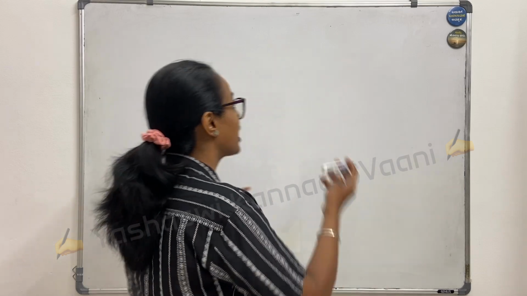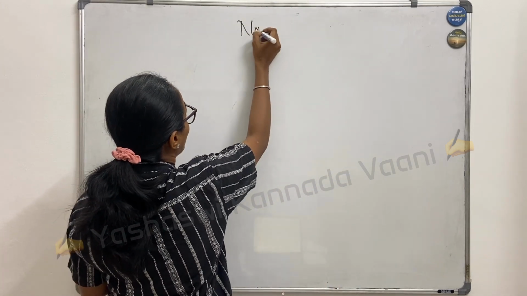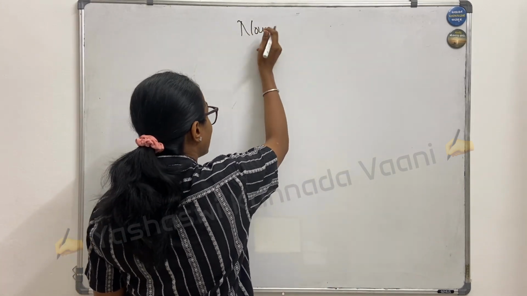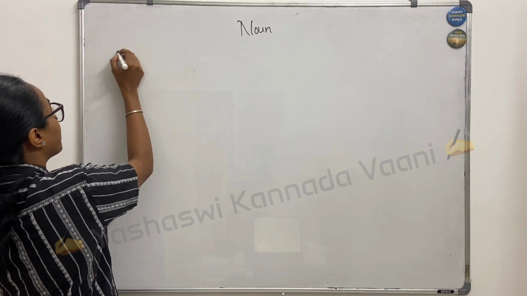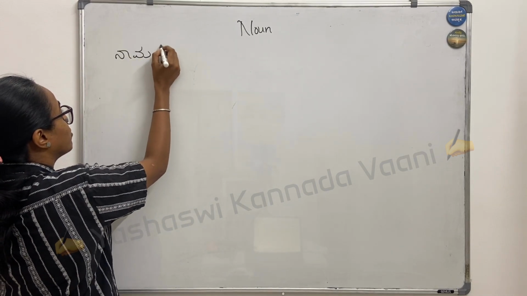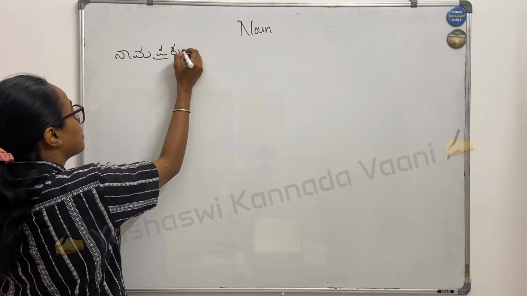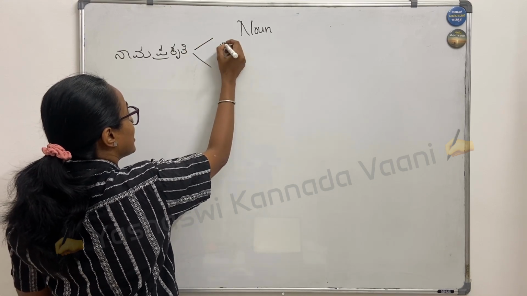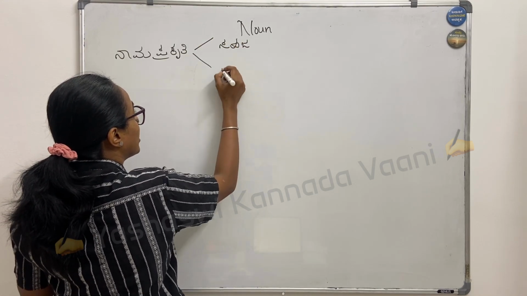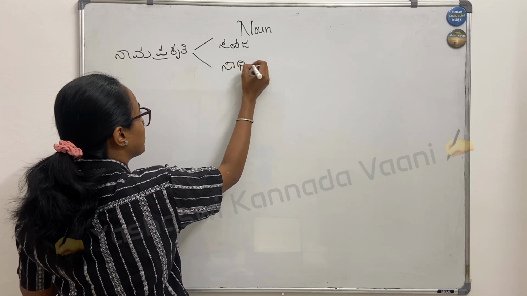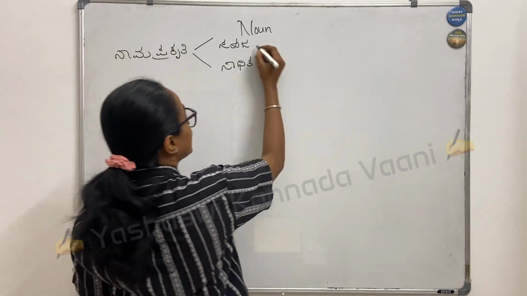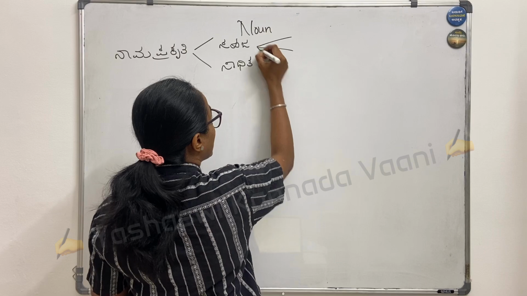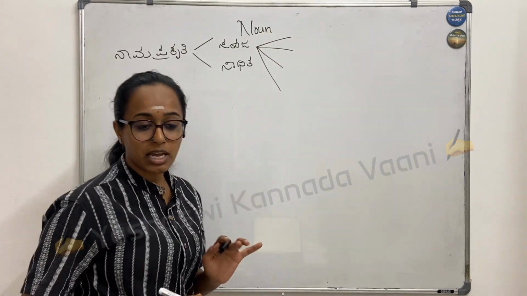So first we started with the noun, which is called the Namapada. Then from here we learned the Nama Prakruti. From Nama Prakruti we understood that there are two types: one is Sahaja Nama Prakruti and one is Sadhita Nama Prakruti. In yesterday's class we learned the four parts of Sahaja Nama Prakruti.